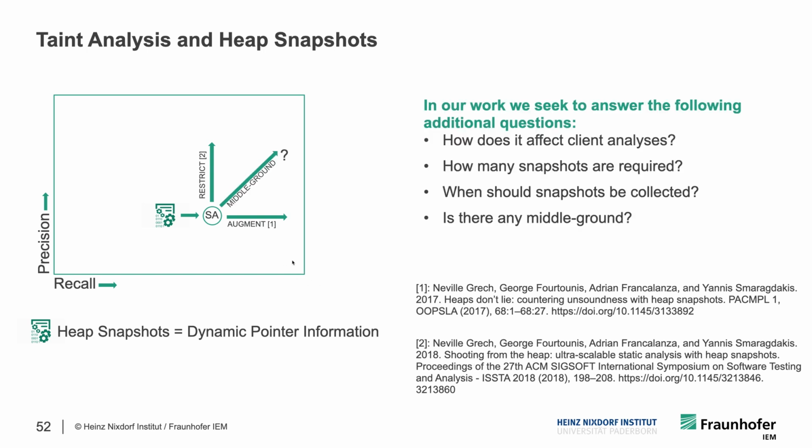And we were now also asking the question, is there some middle ground? Can we use other mechanisms, in particular for taint analysis, to bring it into this corner where we actually want to go, right? To get ideally better precision and better recall. And this was really the research question that we were after here.